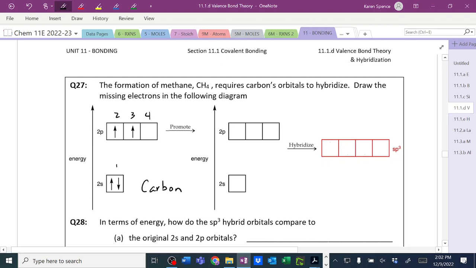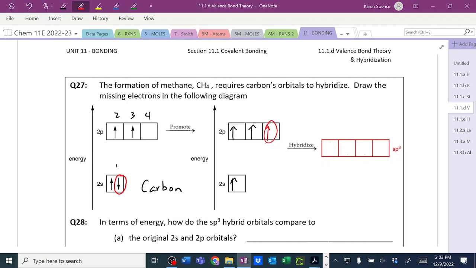And first of all, we say that we promote an electron. So we're going to take this electron and move it up here. Now, in reality, does this happen in this weird little 2-step process? No, it just doesn't. All of a sudden you're like, bam!